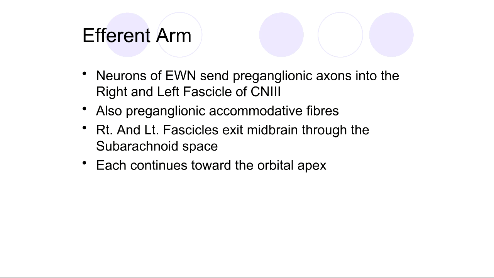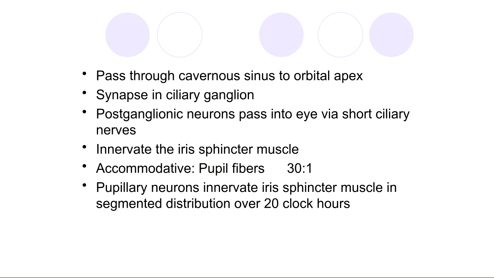The right and the left fascicles exit the midbrain through the subarachnoid space, and each continues toward the orbital apex. They're going to pass through the cavernous sinus to the orbital apex, and they're going to synapse in the ciliary ganglion.